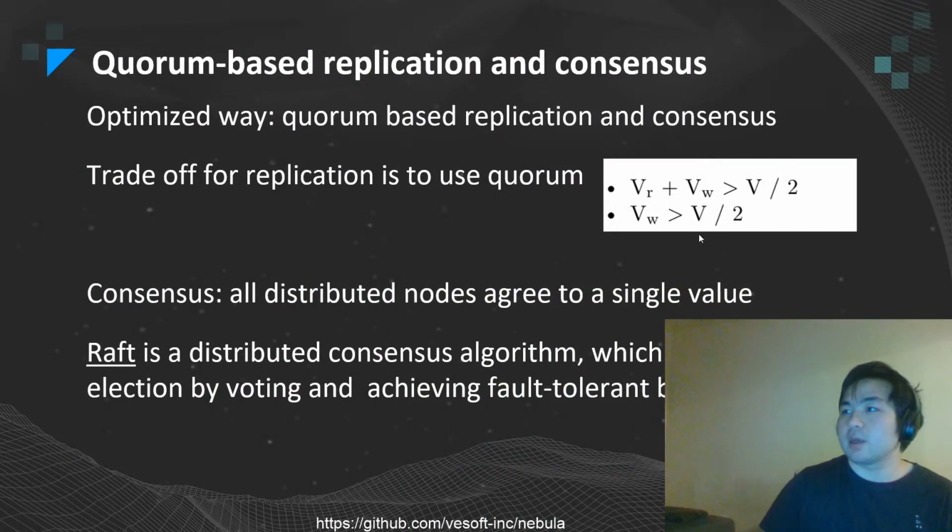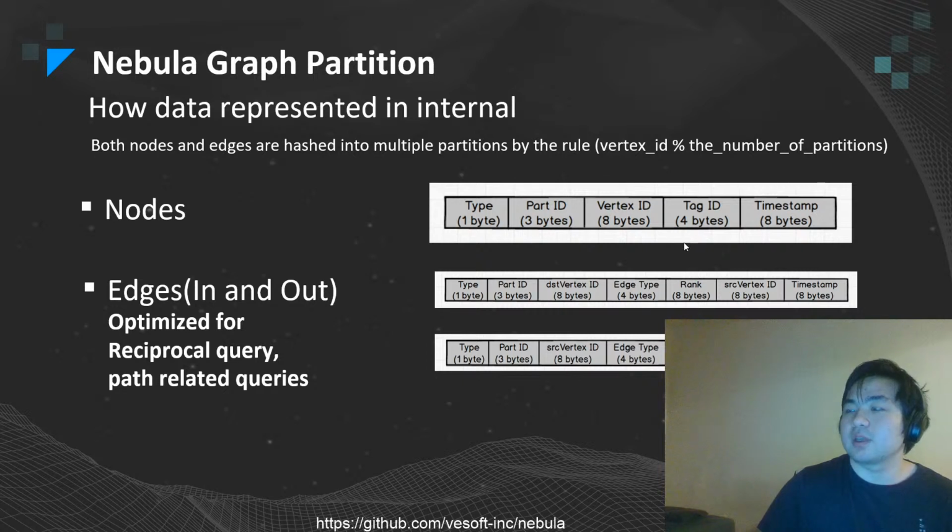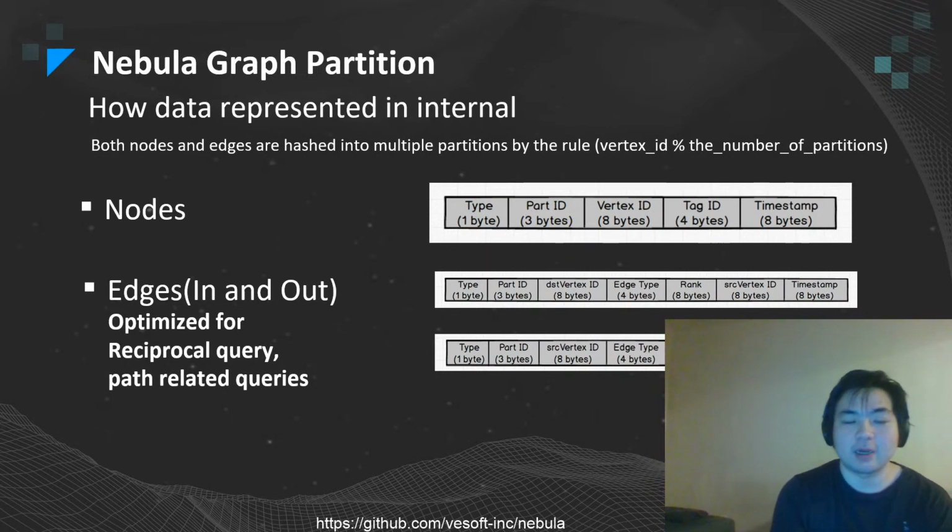After talking about those things, we can now introduce how Nebula Graph is partitioned and replicated. Before that, I want to first introduce the memory model in Nebula Graph.